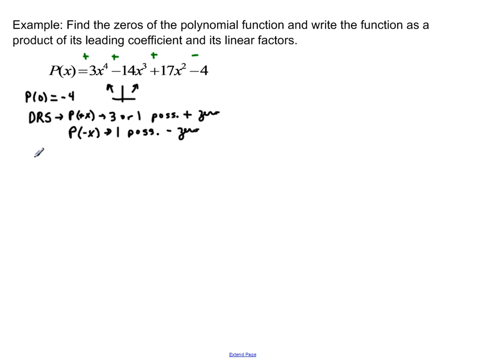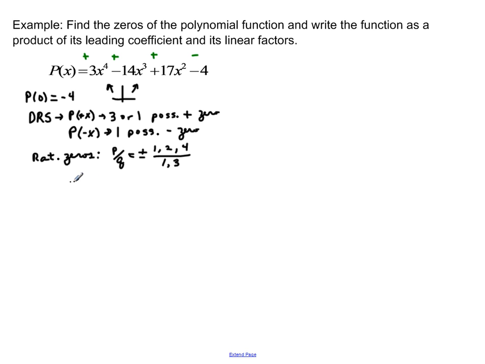All right, and then of course I might use my rational zeros test, because now I'm going to try and find my zeros. So we need a list of possibilities to check. In this case, it's actually relatively short. We would take factors of 4 over factors of 3. So plus or minus 1, 2, or 4 in the numerator, and 1 and 3 in the denominator.